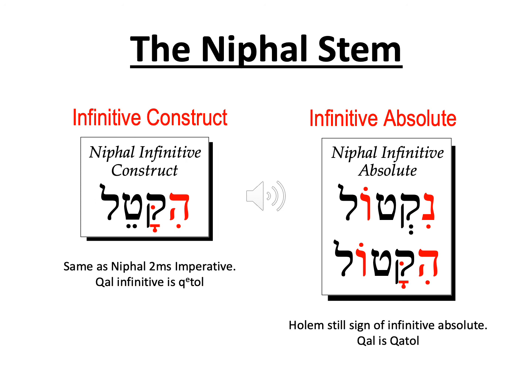In the infinitive absolute, the sign of the infinitive absolute is always a holem vav, so instead of a tsere, there will be a holem vav after the komets under the first root letter with the dagesh. Although also in the infinitive absolute, it is possible to have a nun prefix, which is expected since this is the Niphal. Again, the holem vav demonstrates that we are in the infinitive absolute. Either of these patterns is possible in the infinitive absolute, but both of them should be recognizable as a Niphal.